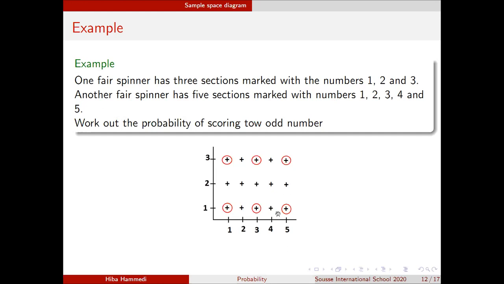So as you can see here, I have 6 possible outcomes from the total 15 outcomes that I have. So the probability of scoring 2 odd numbers is equal to 6 over 15. And I can simplify that one by dividing by 3, I think. So it will be 2 over 5. Right.